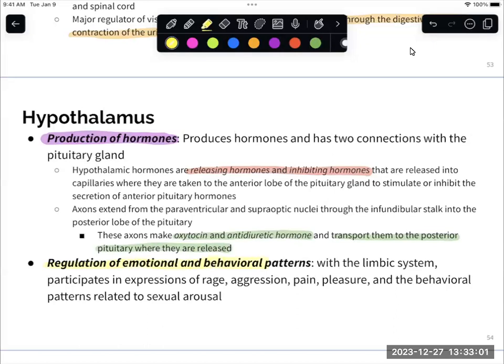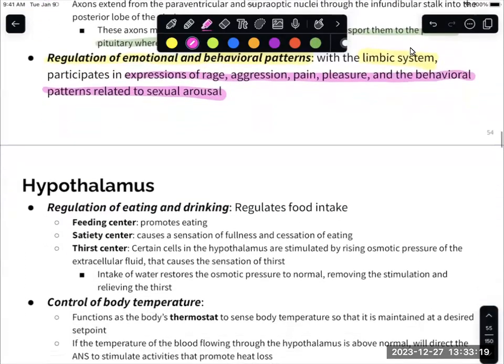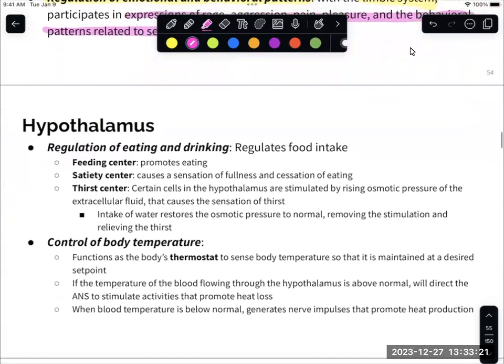Regulation of emotional and behavior patterns. It works with that limbic system, which is known as that emotional brain. So expressions of rage, aggression, pain, pleasure, behavioral patterns related to sexual arousal are all done in the hypothalamus. It does a lot.